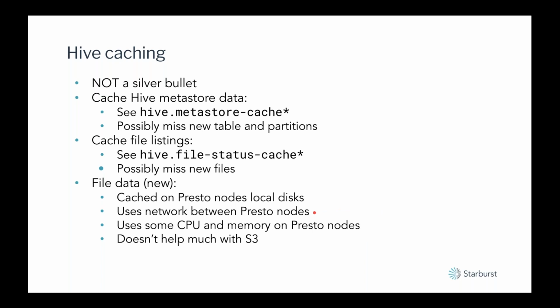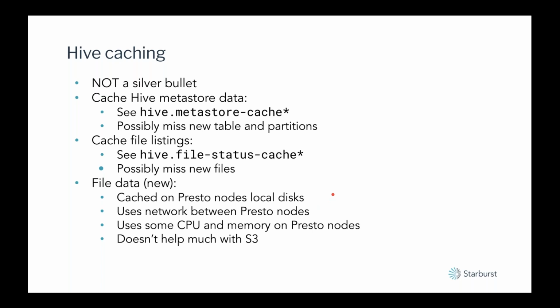Also, you're caching to the Presto nodes, and it's spread across the Presto nodes, so the system will try to place work where that cache exists, but if it's wrong, you're still using the network between the Presto nodes to fetch data. It requires additional CPU, memory, network, a bunch of other things. So you'll need bigger nodes to deal with this, and they need to have disk of some kind.